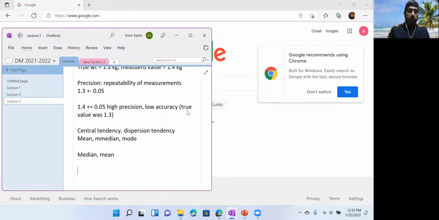So median is generally considered a more robust measure of the central tendency of an attribute. Of course, you can compute mean as well, but mean and median would deviate from one another if the data set is skewed. If there are more higher values and fewer smaller values, the mean would move towards the higher values, while the median would still remain in the middle. So you need to know this distinction when you're looking at these values.